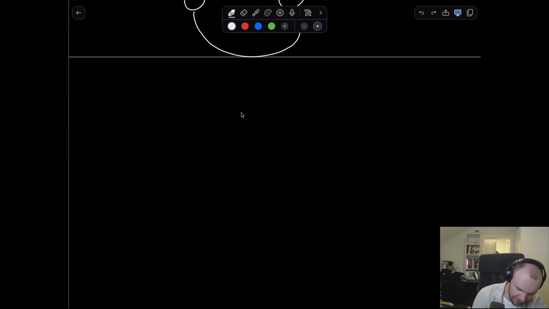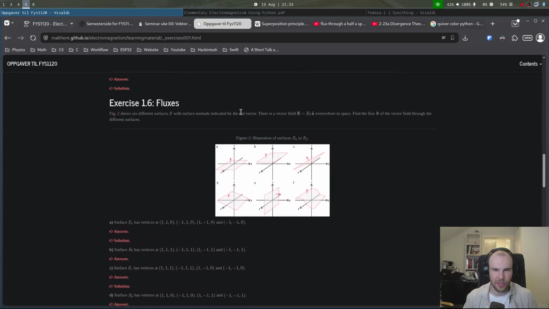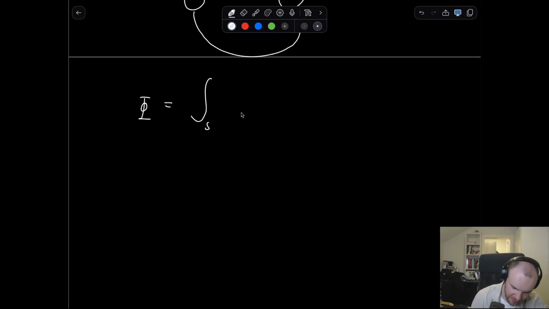So we have that the flux, of course, is that surface integral. So the surface, and then our field was E is equal to E0, and then of course in the z direction. So we had E like that, that was the surface, and dS. Now they were in the same direction, meaning that this will just be E0.